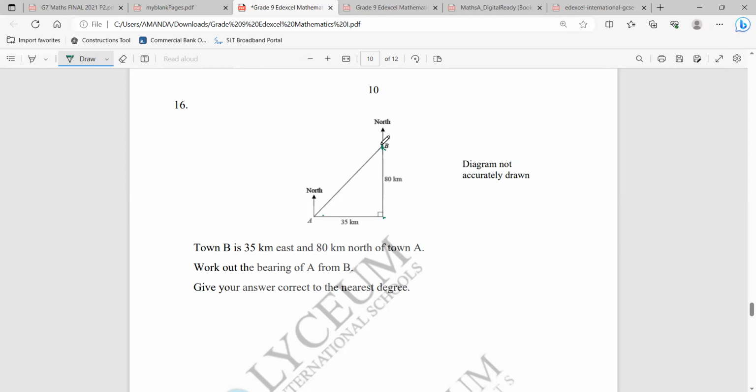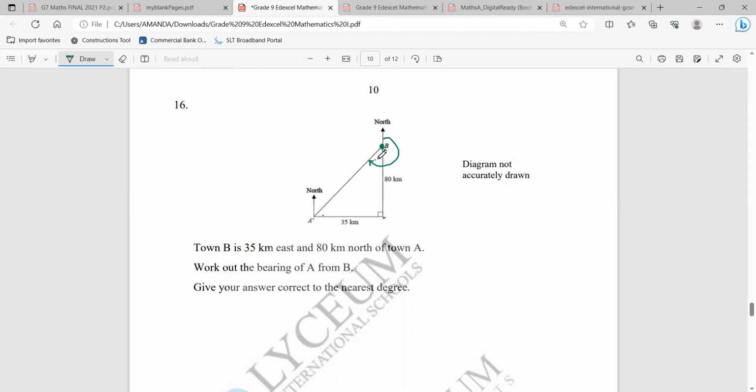Bearing of A from B. That means if you draw the north line from B, you need to find this angle. So how do we find that angle? Do you know this one is 180 plus something?